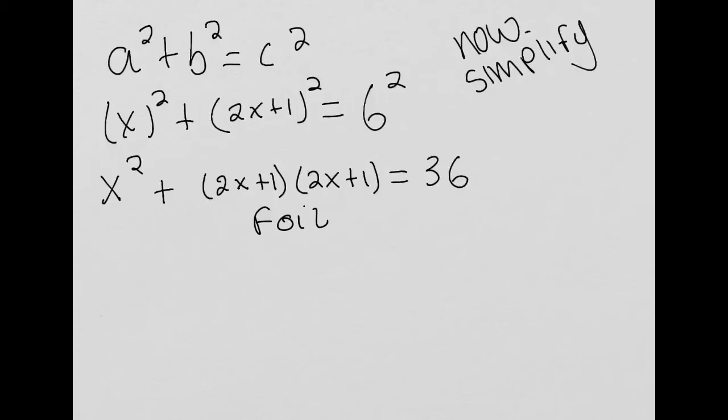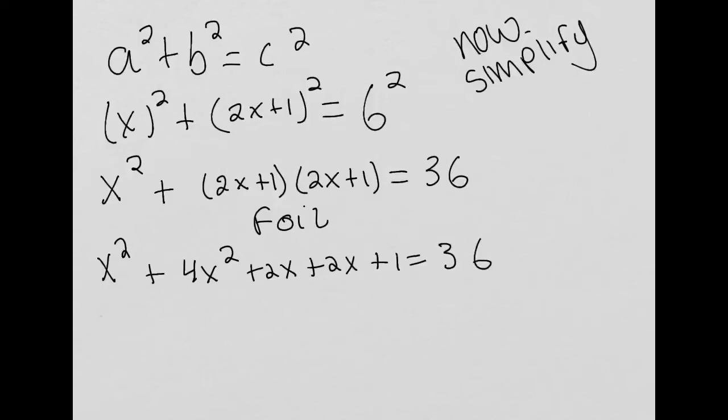Here I'm going to FOIL. Oops, I was about to make a mistake there. That's why I have you guys to help me catch my mistakes. So that's 4x squared. Then 2x times 1 is 2x, 2x times 1 is 2x, and 1 times 1 is just 1, equals 36. Now I need to combine like terms.